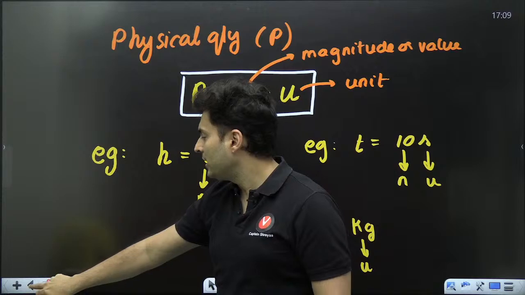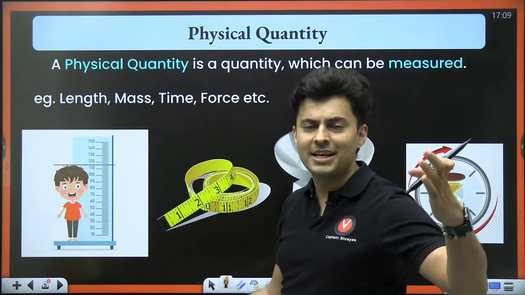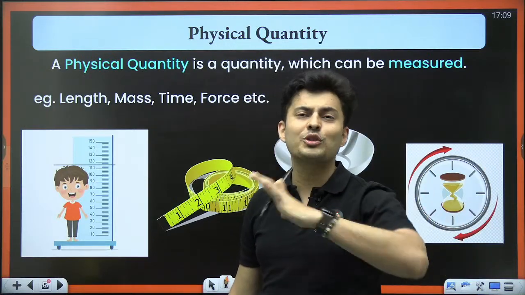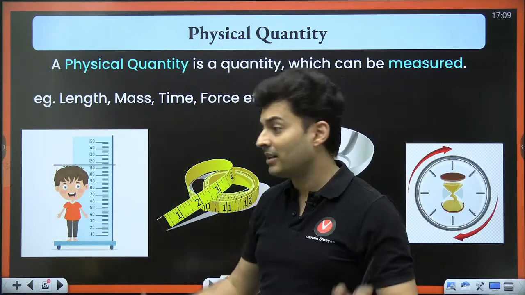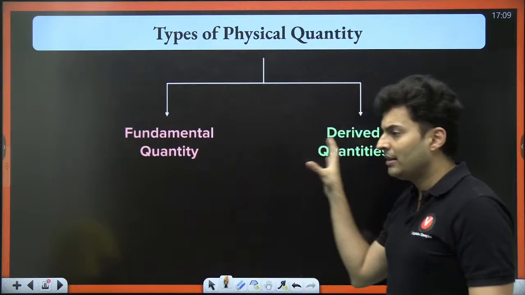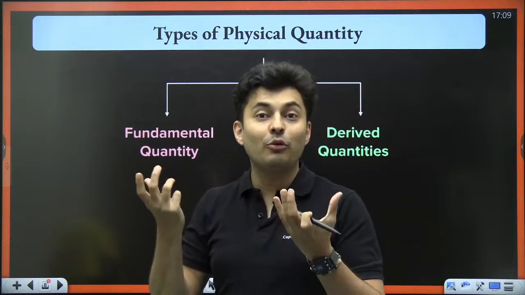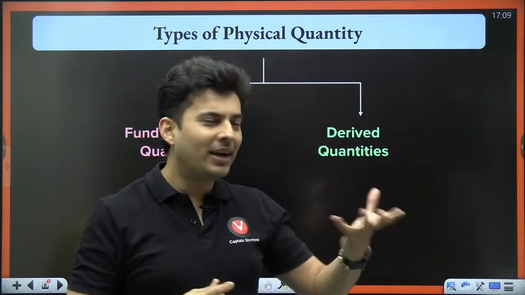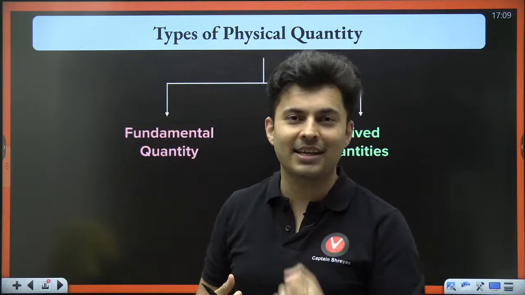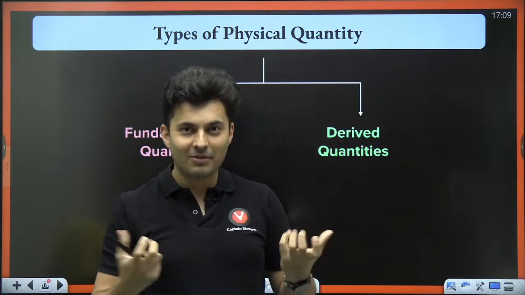Remember those physical quantities: length, mass, time, force, acceleration, velocity, momentum, electric field, gravitational field, so many physical quantities which can be measured. But out of them, some are called fundamental and some are called derived. What do you understand by the word fundamental? What do you understand by the word derived? Fundamental means more basic. Derived means it is derived from something, right?